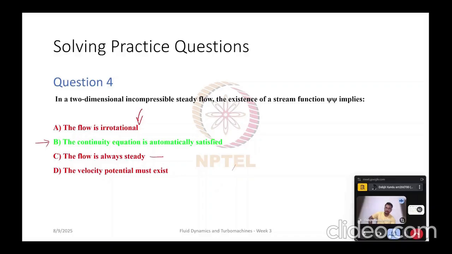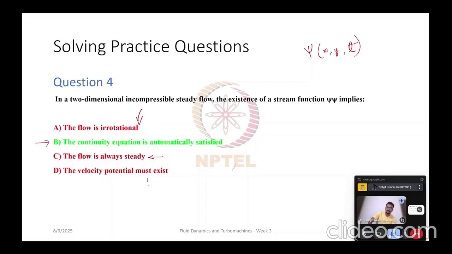The third one, the flow is always steady, is also something that doesn't have to be true. There could be a stream function which is not only a function of space but a function of time as well. It can represent unsteady flows.